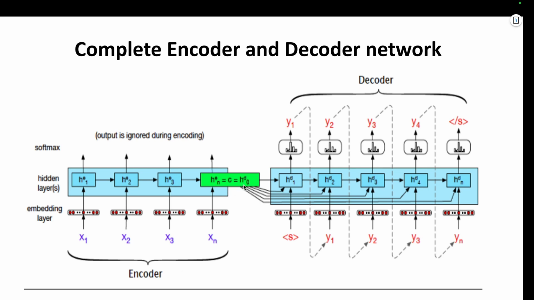In the decoder, this encoded input in the form of context will be given to the input at every time step in the decoder, and it generates the output, and at the end the last hidden state value will be discarded by the decoder. Whatever output is generated in the decoder will be the input for the next time step. Suppose y1 is generated, now this y1 will be the input for the next time step.